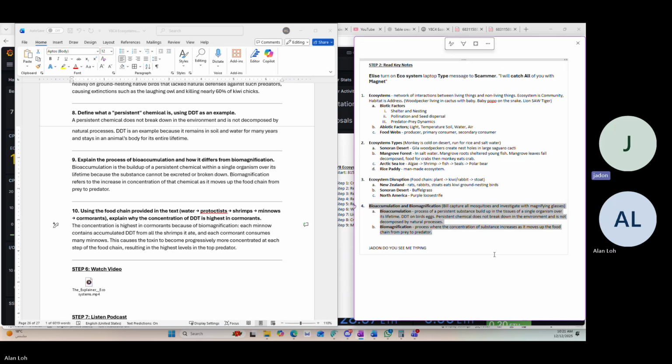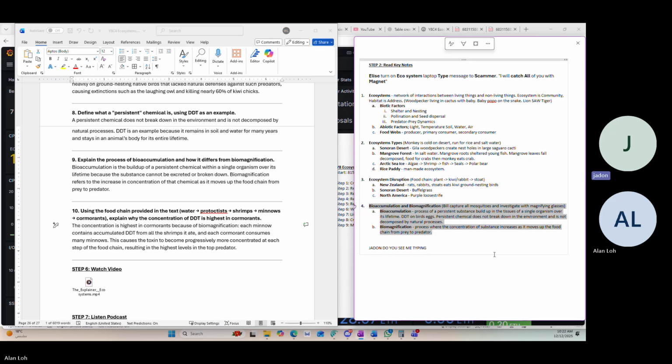Bioaccumulation is when pesticides are built up in a single organism over a lifetime, like DDT. This pesticide chemical does not break down in the environment and does not decompose. It's like plastic. It never decomposes.